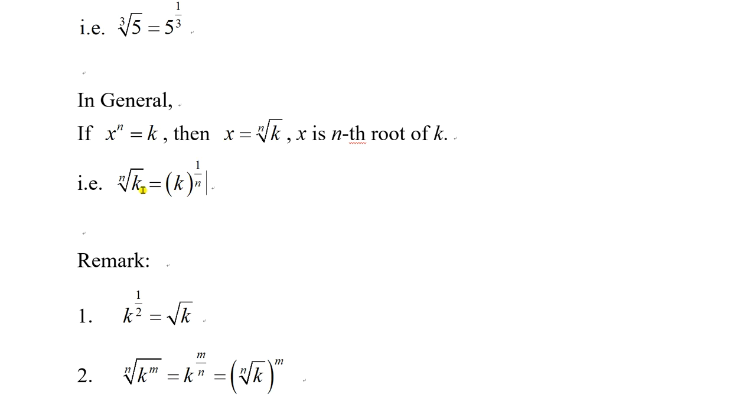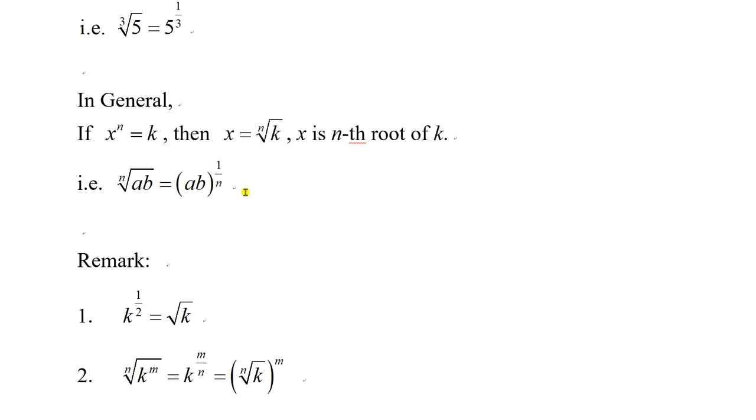But here, it only has one term, so we usually skip the bracket. But if there's a times b inside, then when we change it to the power, we will write it in this way: a times b in brackets, to the power 1 over n.